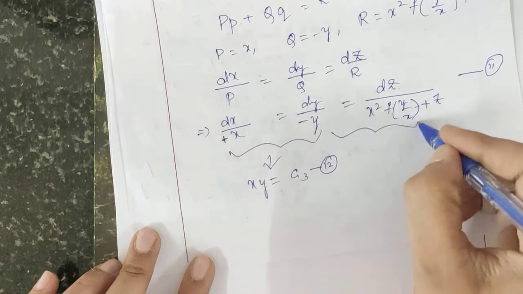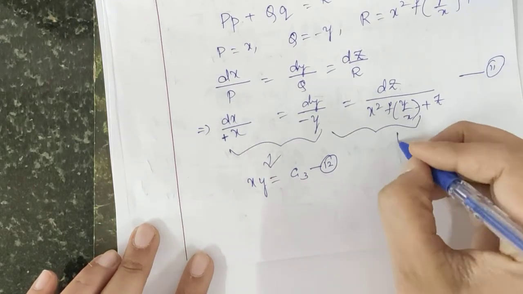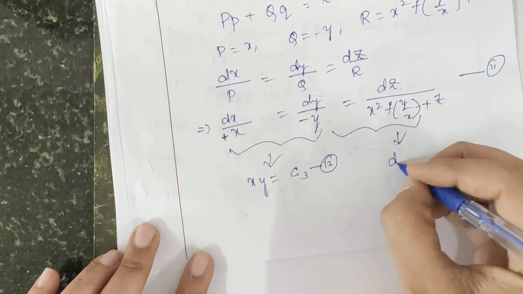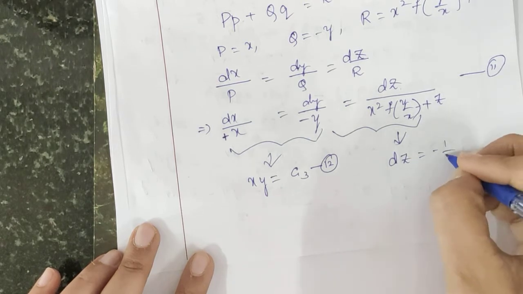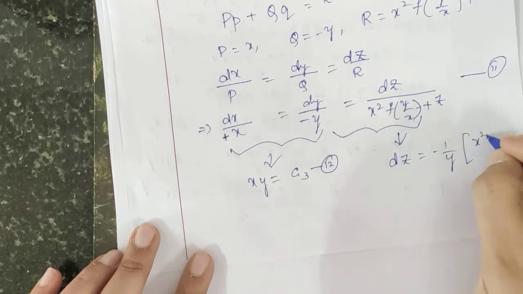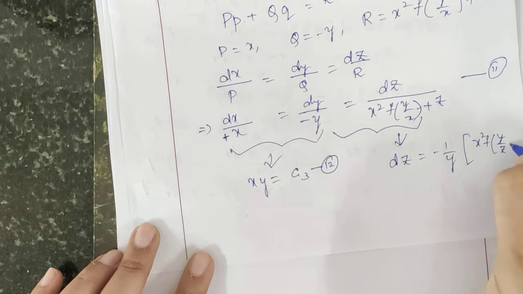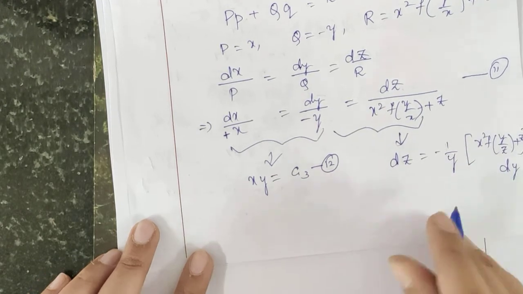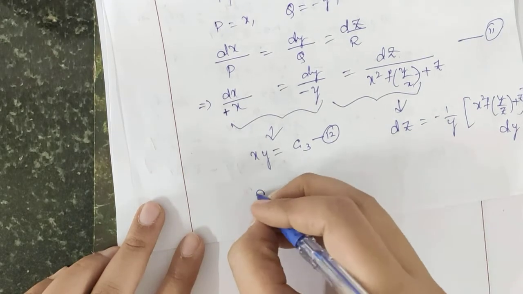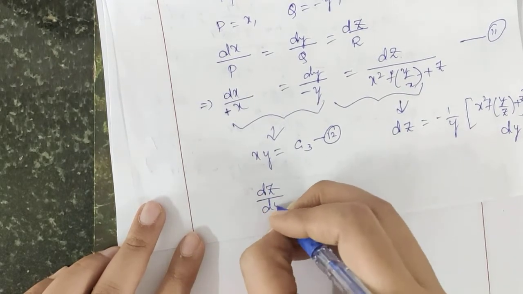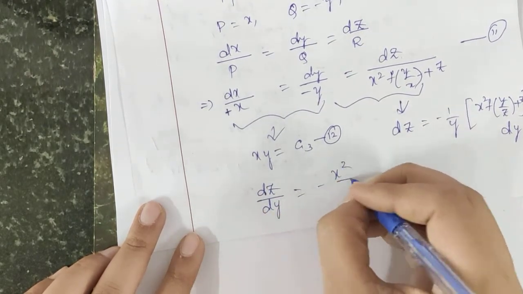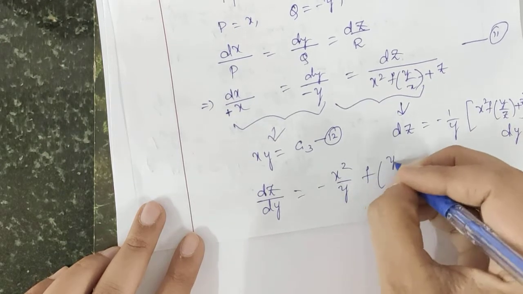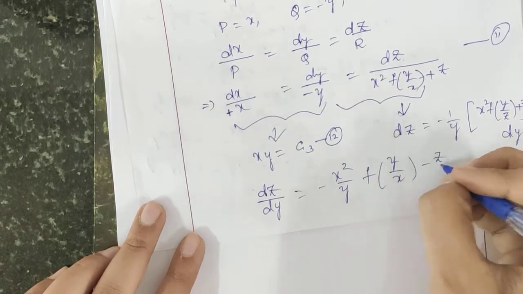Now consider these two equations. If you solve these two, you will get dz is equal to minus 1 over y into x square f of y by x plus z into dy. So this will become dz by dy is equal to minus x square by y f of y by x minus z by y.